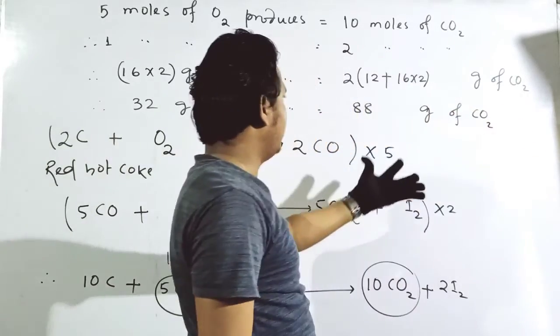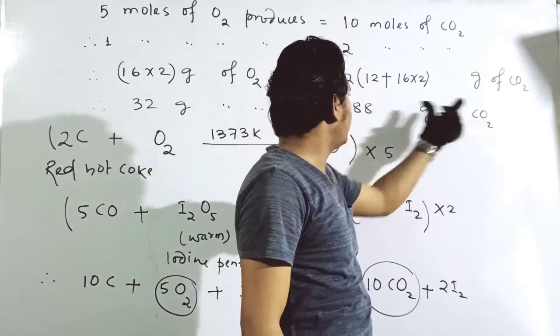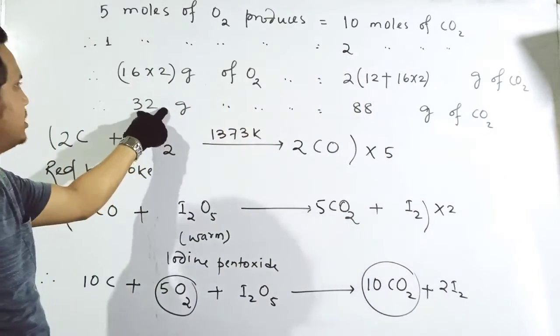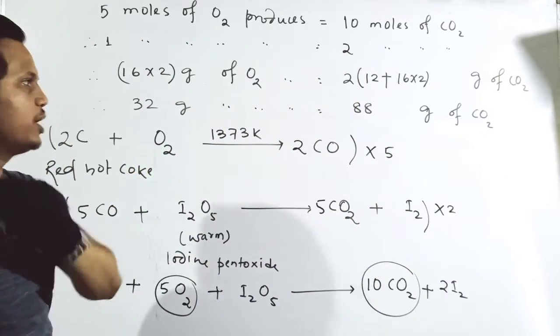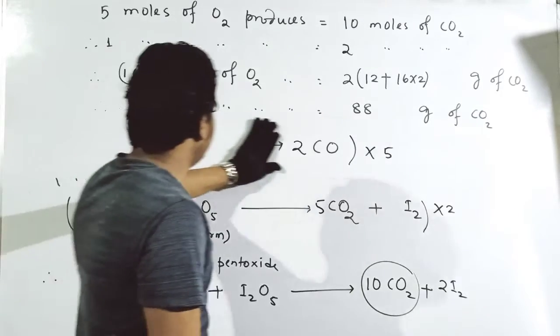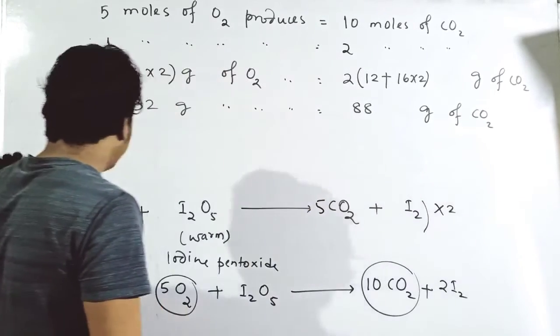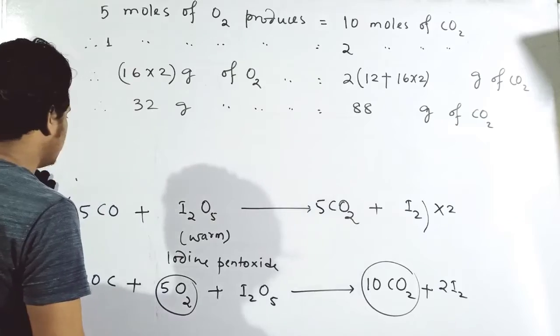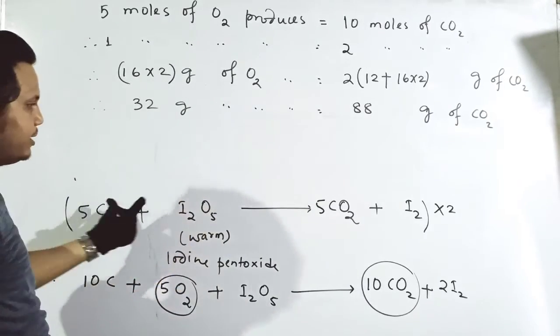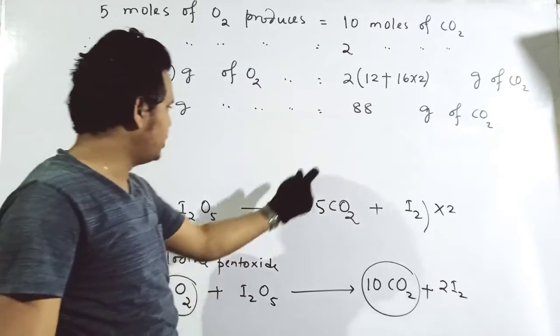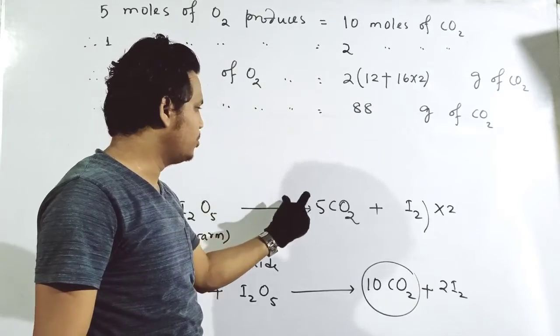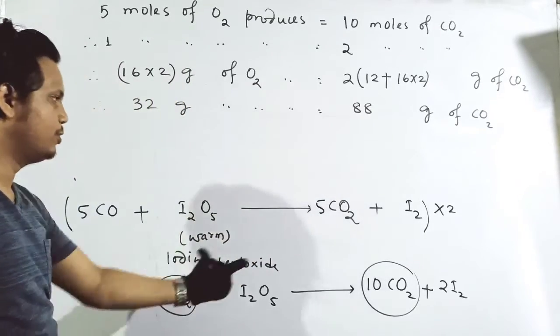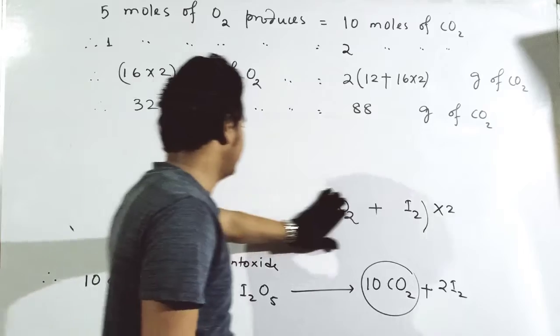So in 88 gram CO2, the mass of oxygen is 32 gram. We have written this from the balanced equations, adding the two equations in such a way that intermediate carbon monoxide is cancelled and we get the overall reaction.